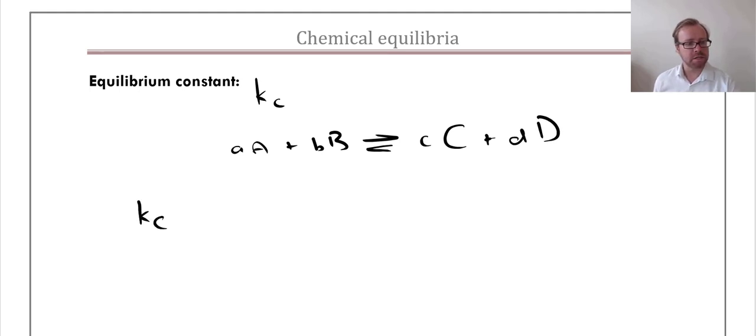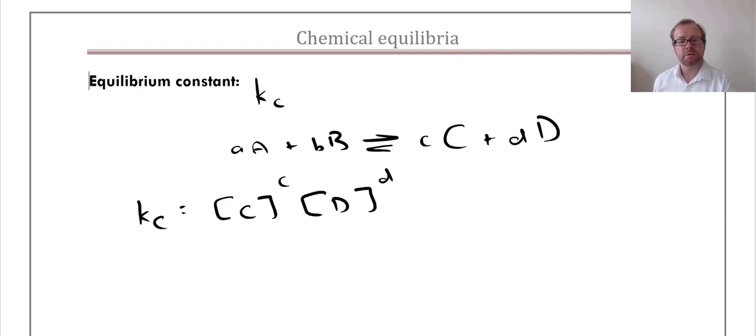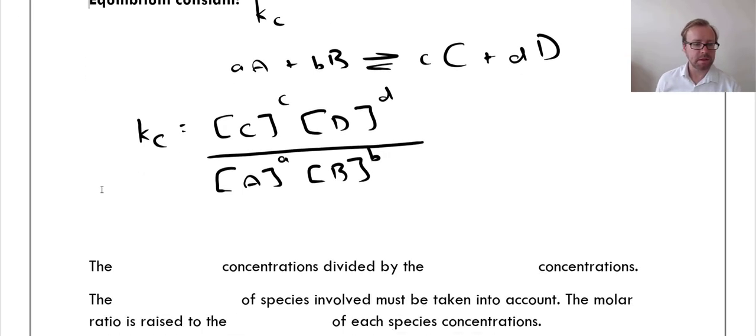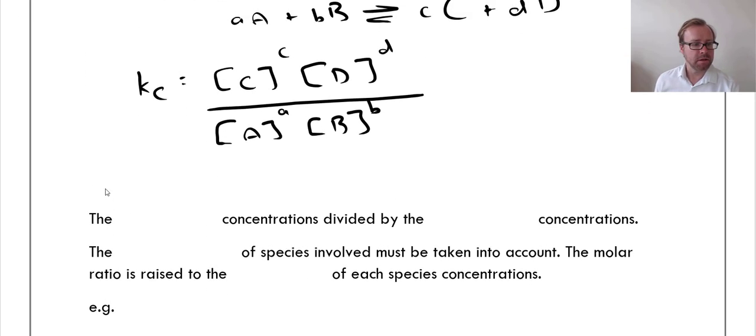So my Kc equals the concentration of my products raised to the molar ratio of my products over the concentration of my reactants raised to the molar ratio. Pretty simple so far. So you can fill this out now.